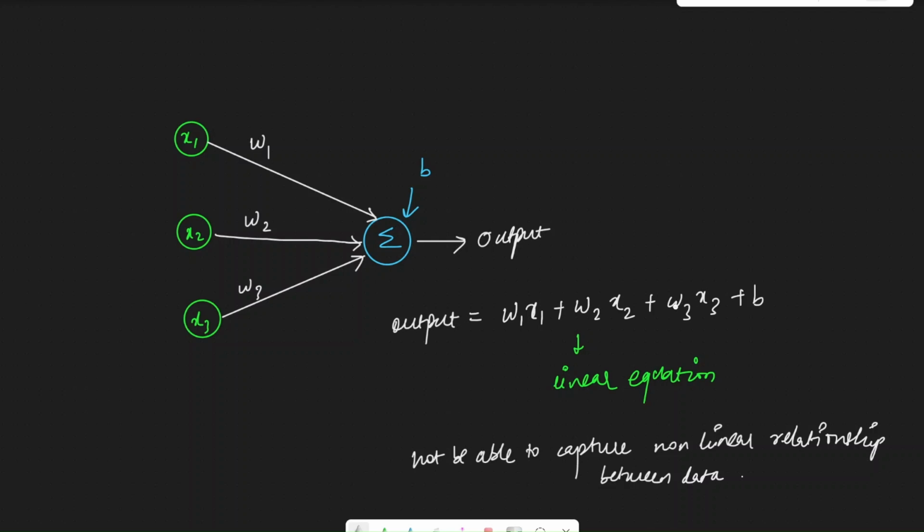That's why we need to have an activation function to convert this linear data into a non-linear data, so that we can capture those non-linear relationships in real world data or those complex relationships in real world data. So the way this would work, if this neuron had an activation function, would be just going to copy this.